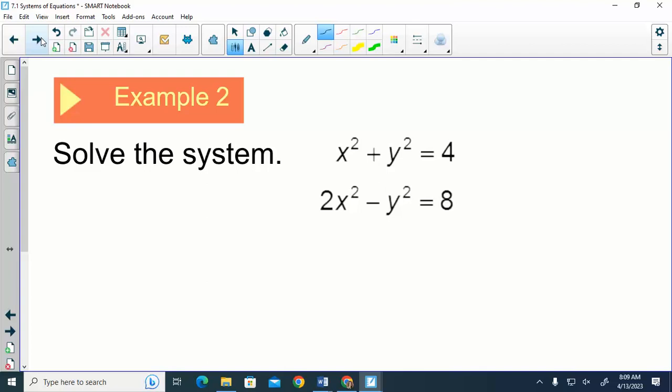So if we do that, 1x squared plus 2x squared is 3x squared. Positive y squared and negative y squared cancel. Equals 12. What would we have to do from here? Right, you have to get that x by itself. So before we square root, we have to divide.